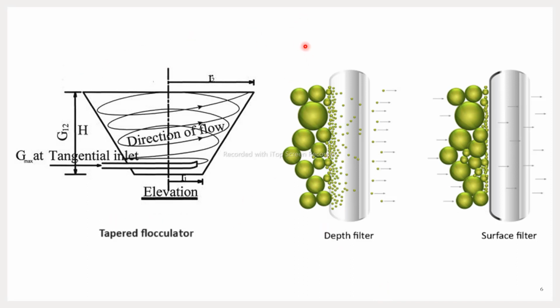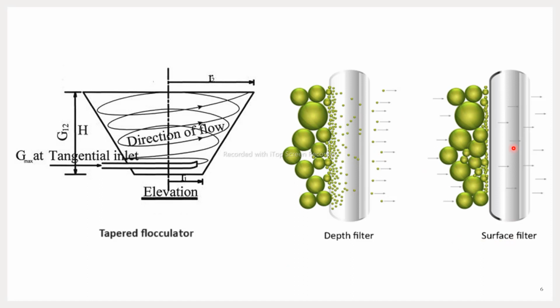Media filter, you can understand, is just like a sand filter or gravel filter, which are very conventional in nature. In case of depth filtration, the particles are a mixed kind of smaller ones and larger ones, and the smaller ones, if you want to filter them out, actually diffuse through the filter medium.